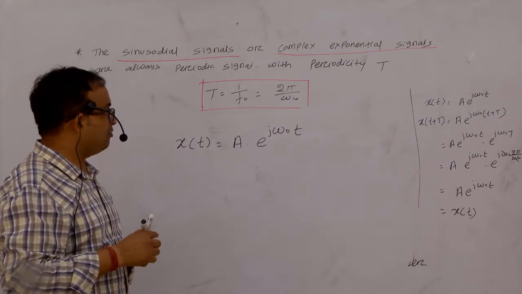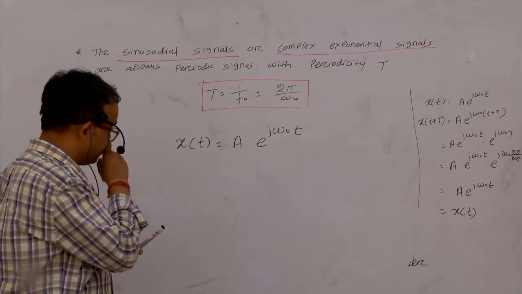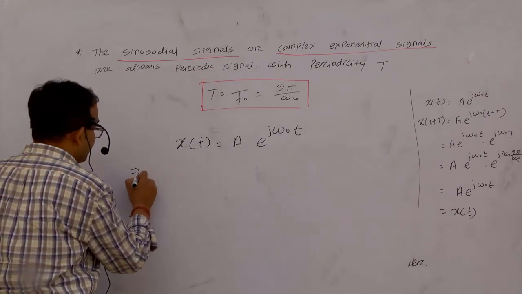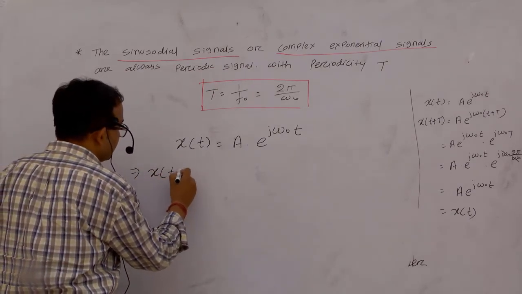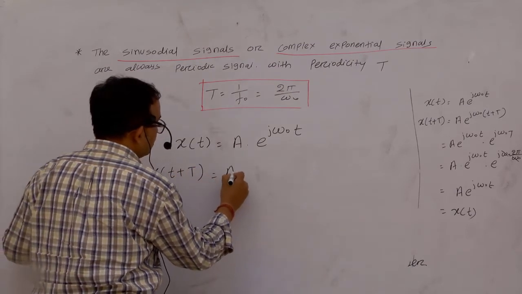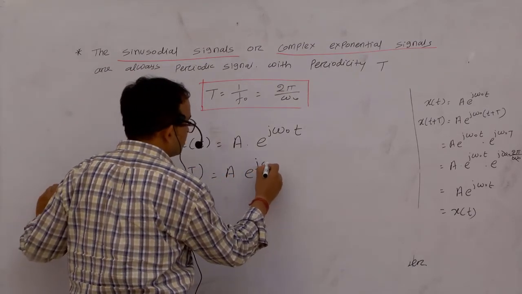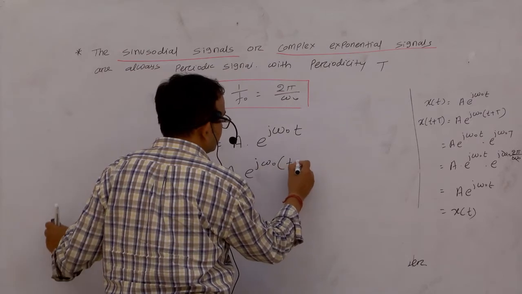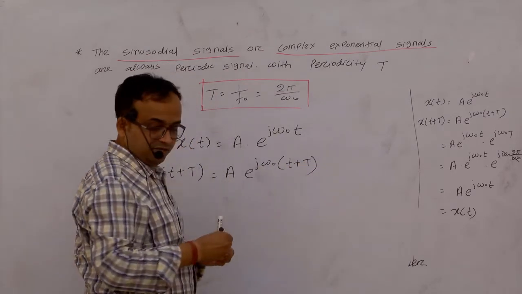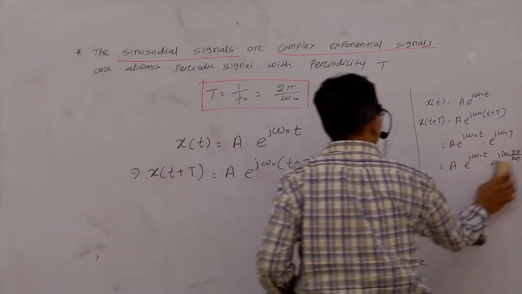So if I have to show that the signal is a periodic signal, then what can you write? You can write x of t plus T is equal to a e to the power j omega 0 (t plus T), right?